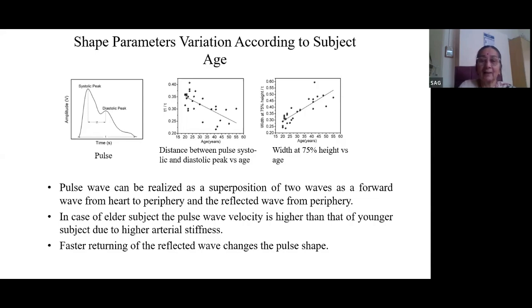So you cannot say that if the amplitudes or the positions of the systolic and diastolic peaks are in this range, you have a person with high blood pressure.